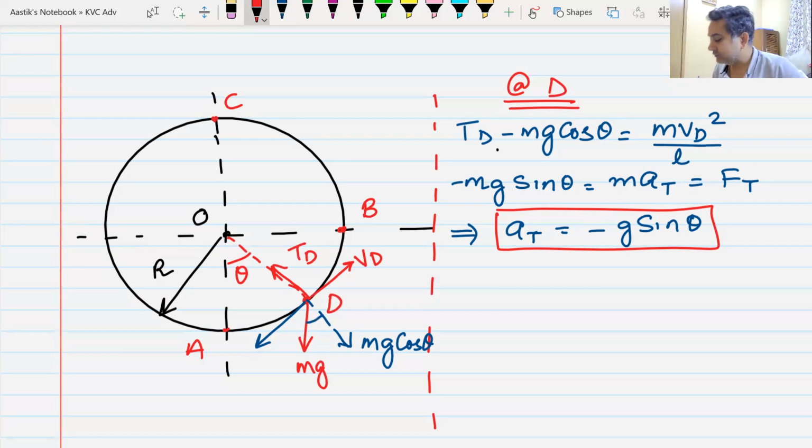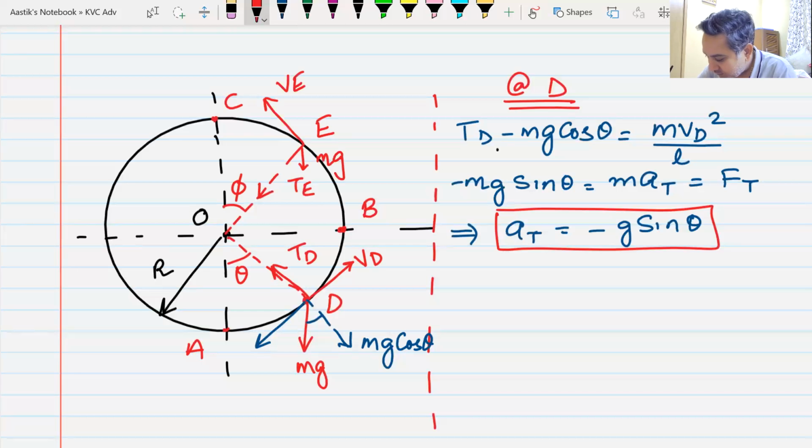What about the force in the perpendicular direction? Is there any force in the perpendicular direction? No, sir. So we'll forget that and move on to point E. Let me call this angle phi so that we use different terms. Theta here, phi here. Again, remember that the angle is always given with the vertical axis.